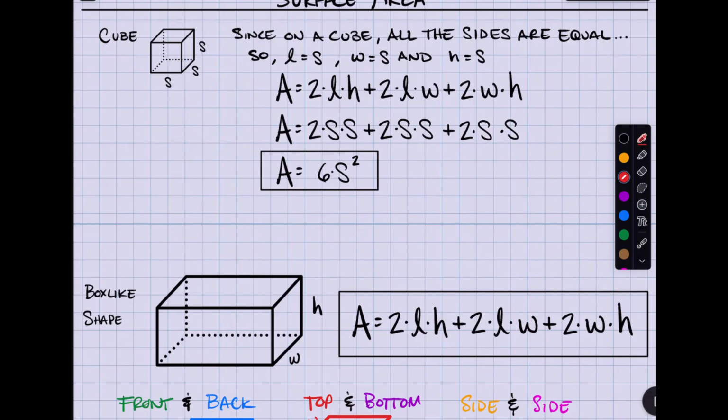And then the top of the can is a circle, and there's another circle on the bottom. So it'll be the area of this circle plus the area of this circle plus the area of that rectangle. The only issue with this rectangle is that its length is actually the circumference of the circle.